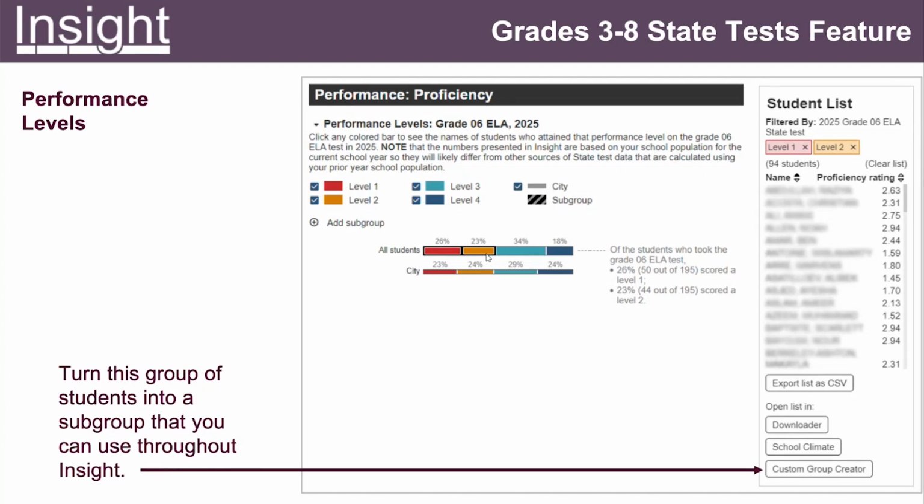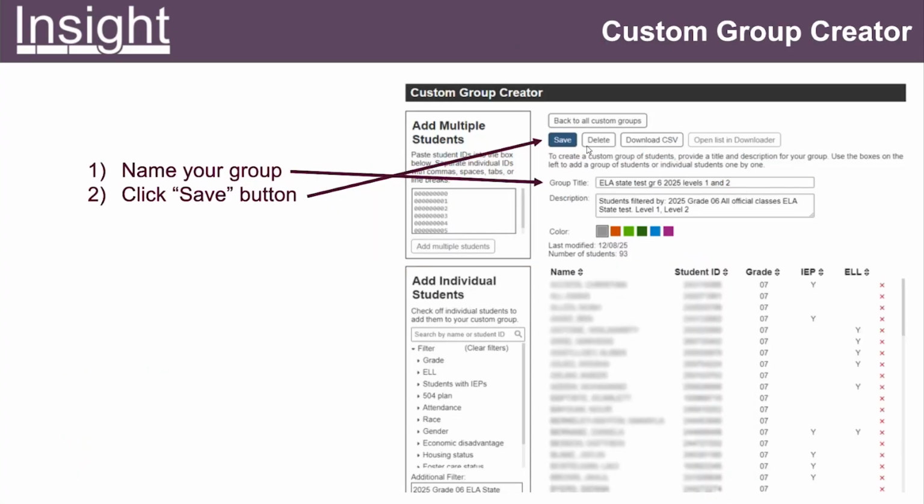I click on these 2 segments. Insight gives me a list, 94 students total, level 1 and 2. I'm going to click on the custom group creator button here, at the bottom of the student list. I click on it, and it will bring me to this page.